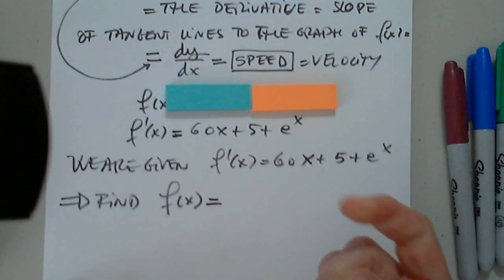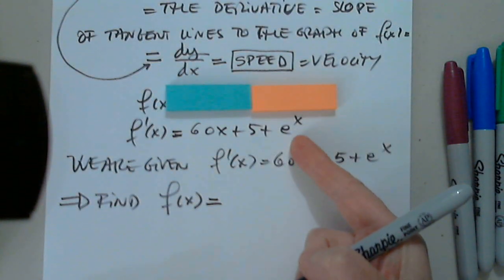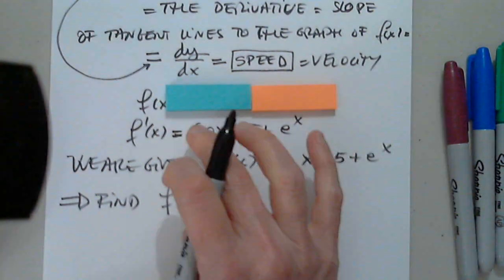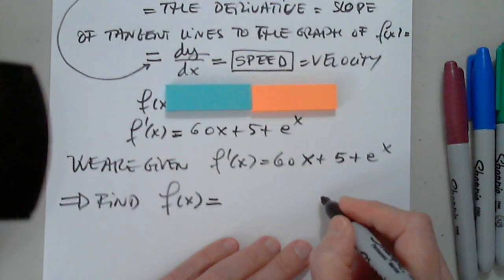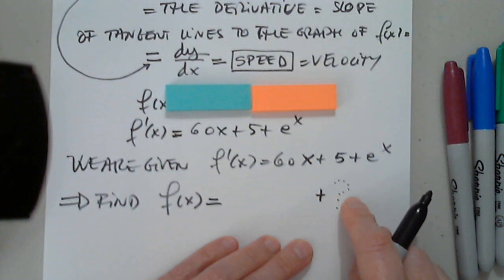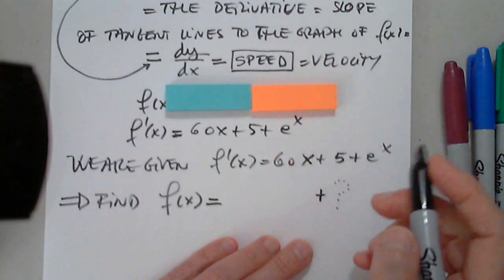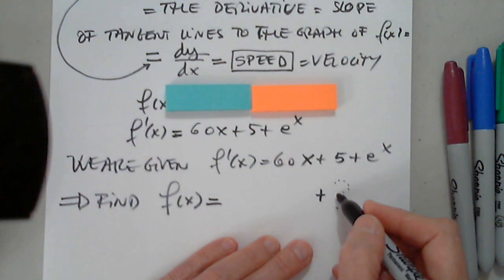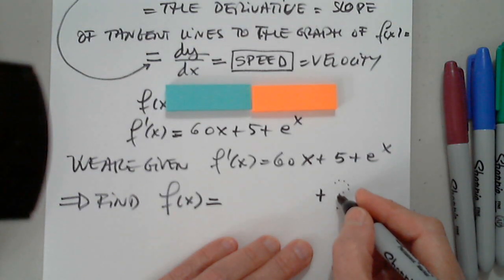So, very simple with this piece, right? I'm jumping to the third one. Which function differentiated would be e to the x? Would it just be e to the x?